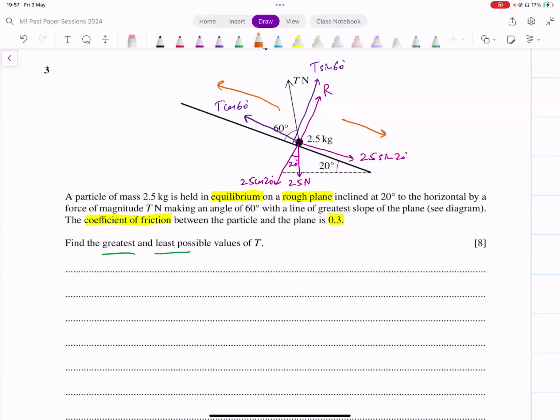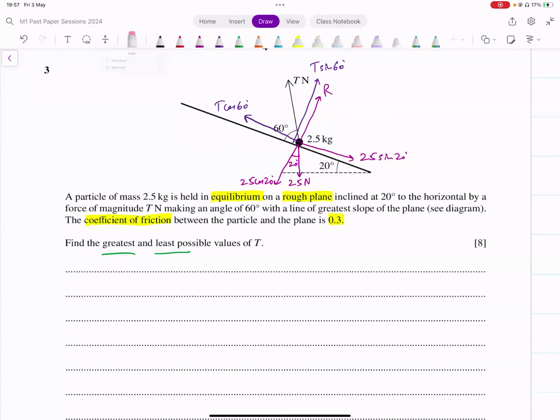because of the weight component, the particle will start moving down the plane. So there is some minimum possible value of T that is going to keep the particle in equilibrium, and there's some maximum possible value of T that is going to keep the object in equilibrium and stop it from moving up the plane, right? How can we find those greatest and least values?